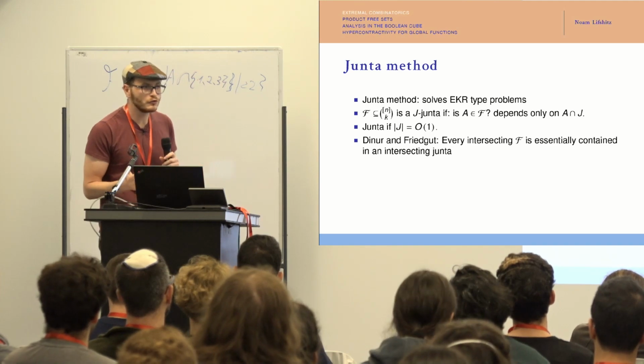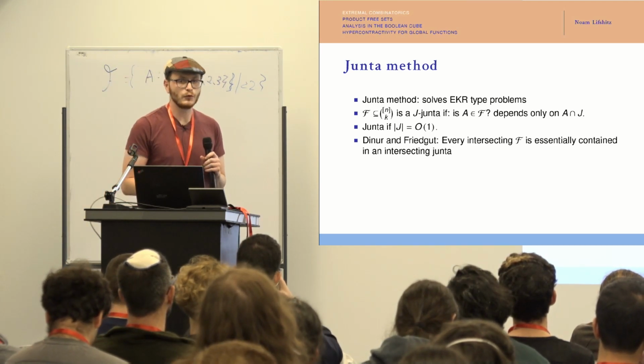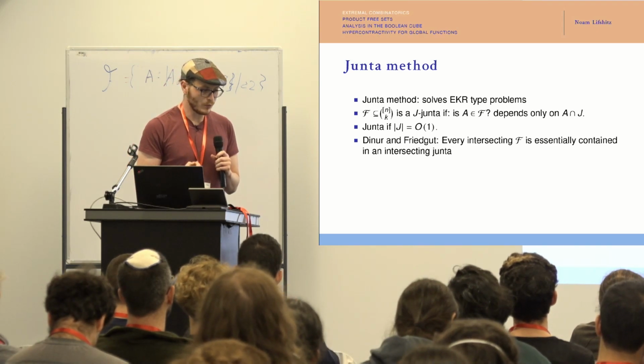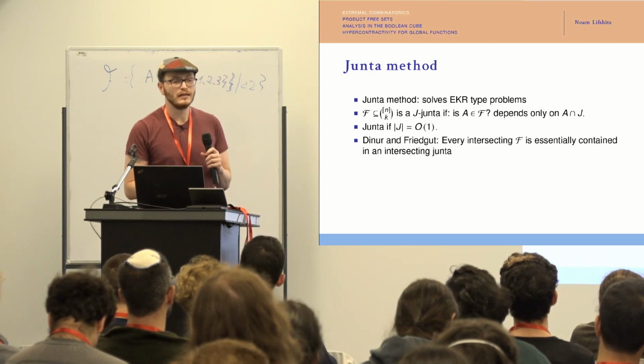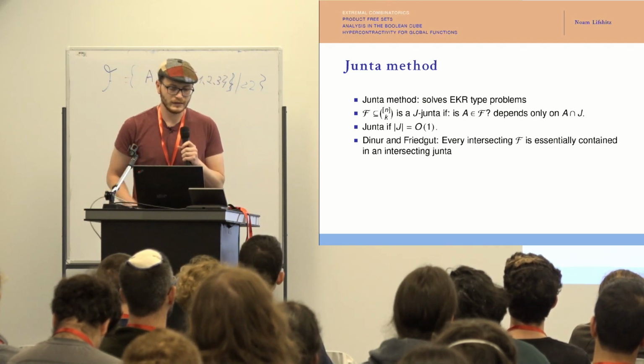And what Irit and Dvir showed is that this is the structure of all the intersecting families. If I want to take an intersecting family, I can start with an intersecting junta, remove elements from it, and add only a few elements outside of the junta, and this is the structure of all the intersecting families.